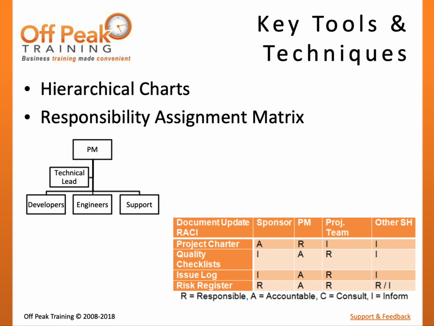Only one party should be accountable for a given duty. If an R is displayed, the party is responsible, meaning they are taking some form of action toward the completion of the duty. Responsibility may be shared. If a C is displayed, the party may consult on the duty as requested. If an I is displayed, the party simply needs to be kept up to date.